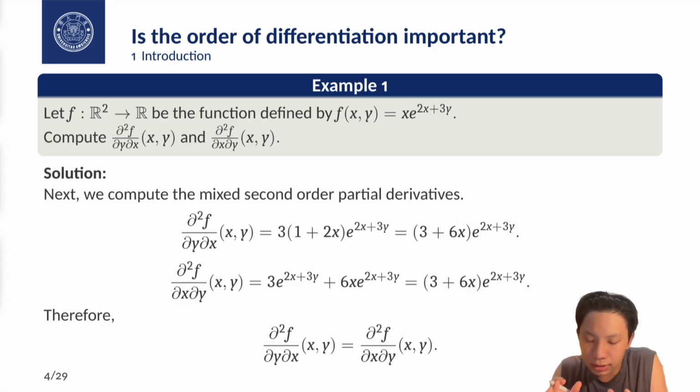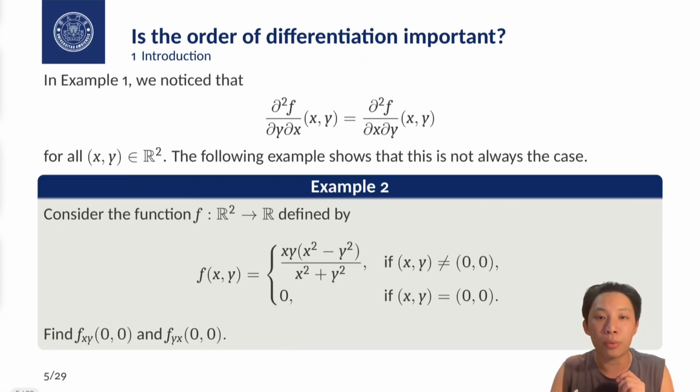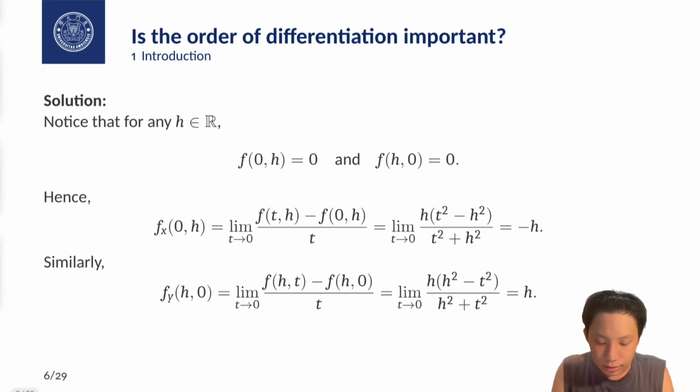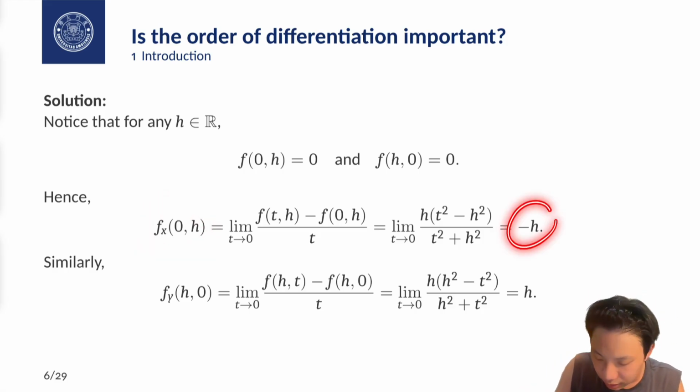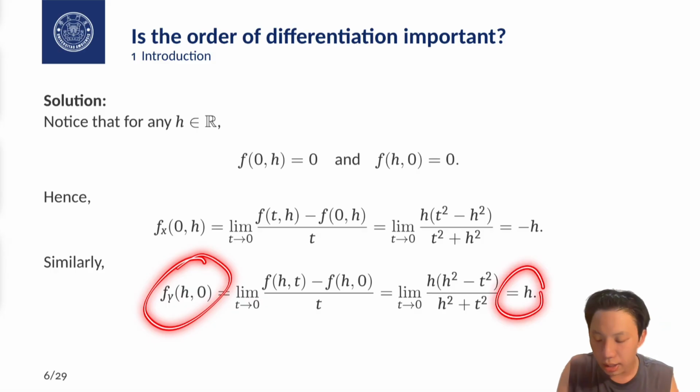But actually, this is not always the case. So let us see the next example. I will show you this is not always the case. For this function, let us find the mixed second order partial derivative at the point (0, 0). Using the definition of partial derivative, we can find that this equals negative h and this equals h.